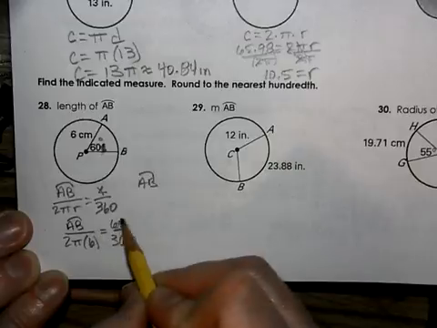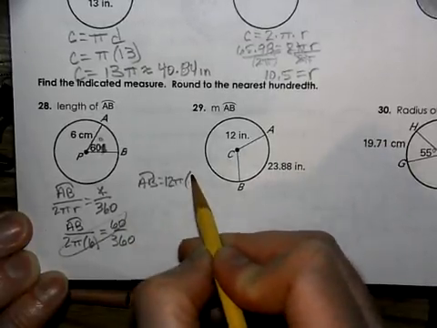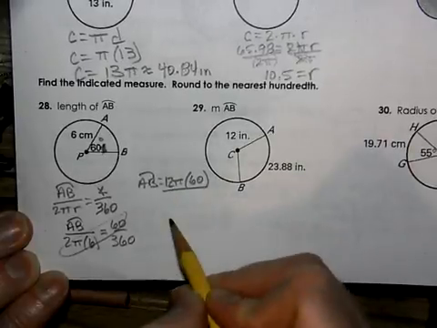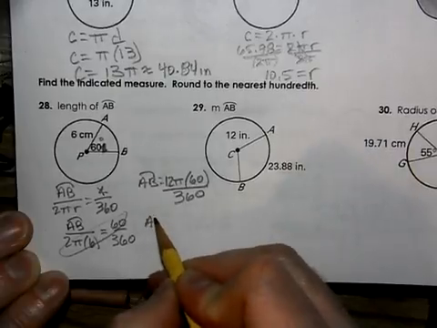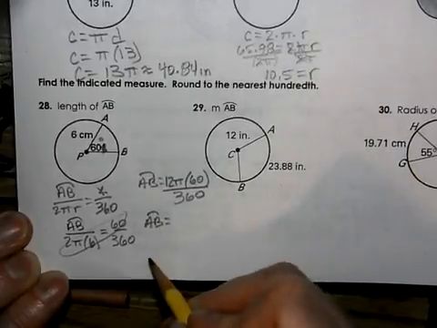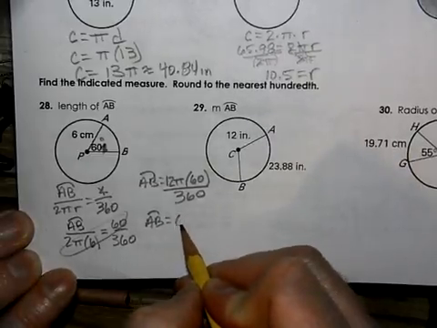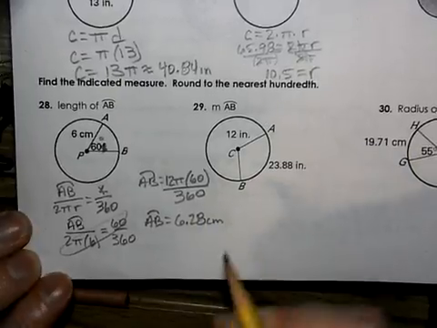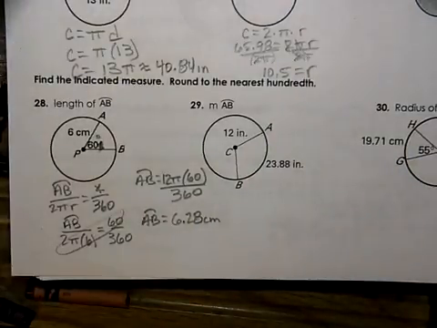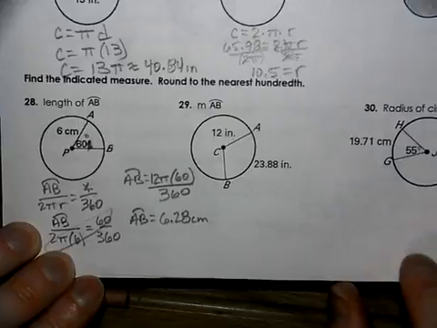So we cross multiply: the arc length equals 12 pi times 60 divided by 360. If you type that all in your calculator, you should come up with 6.28 centimeters, and that's the length.